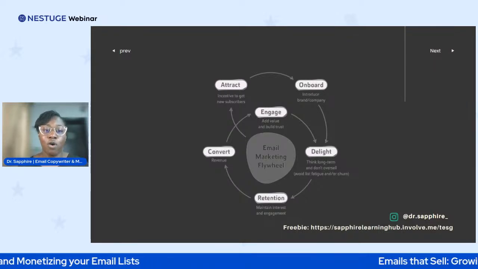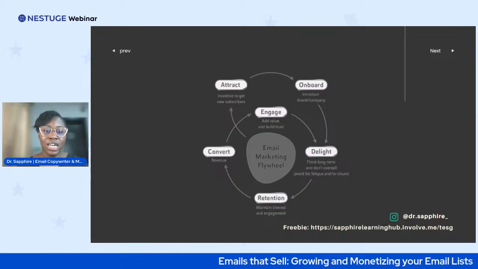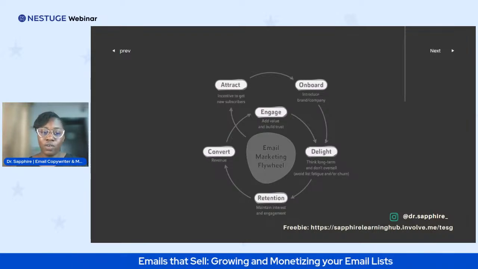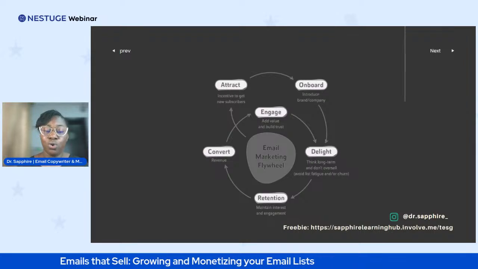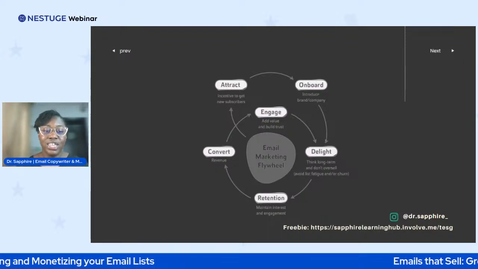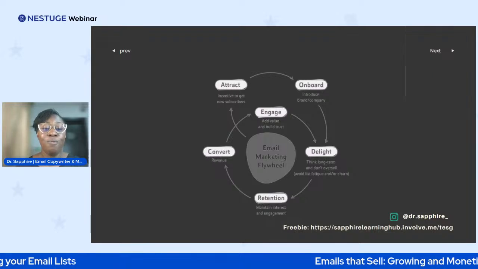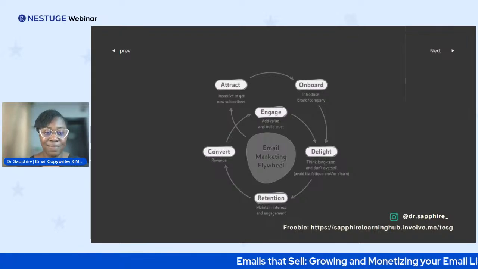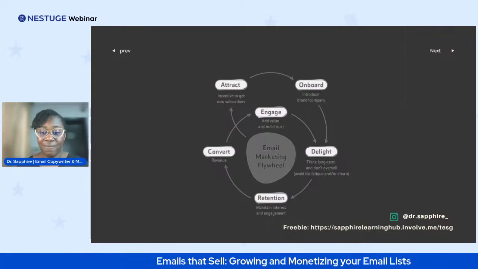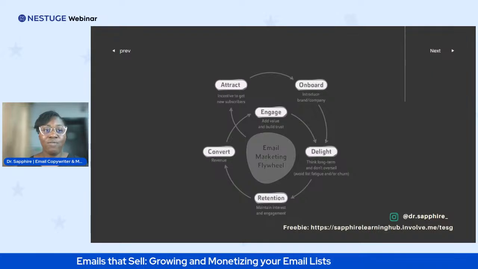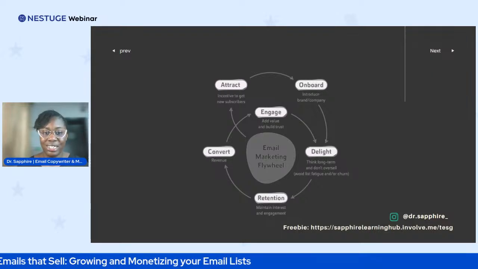They have come in, been onboarded, and continued the cycle of delight, retention, conversion, engagement, and so on. There are also those who come in along the cycle, go out, and then come back in again at a later time when what we are doing serves them better. So you need to have all of these facts written down.